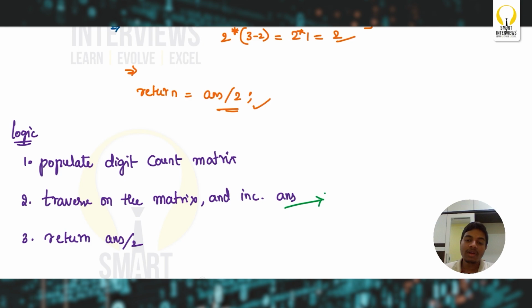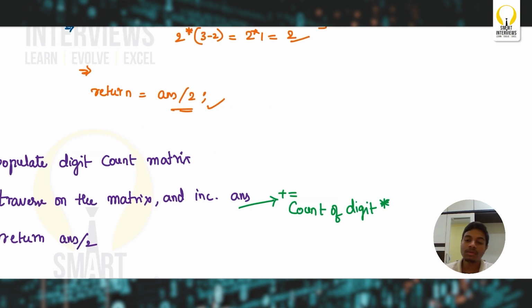This answer is going to be plus equals to count of that particular digit multiplied with count of non-digit.